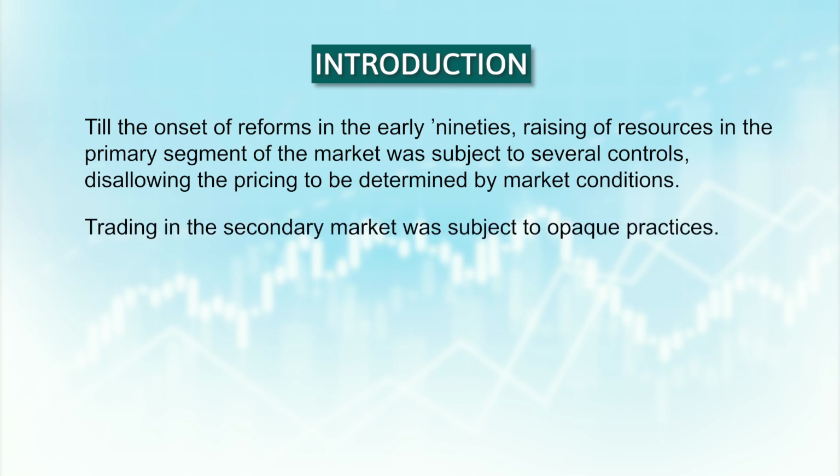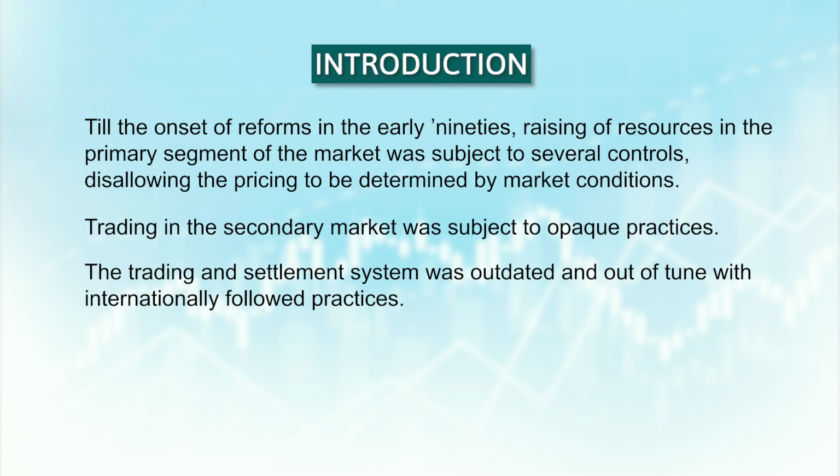Trading in the secondary market was also subject to not very transparent practices. The practices were very much opaque in character. The trading and settlement system was outdated and out of tune with those internationally followed practices.